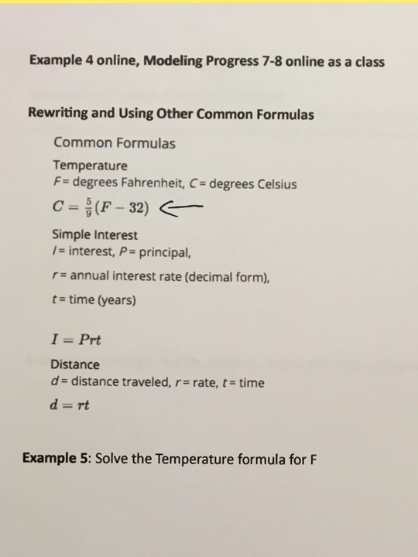This next formula is called simple interest. Does anyone recall what interest is? Not like interesting, but in terms of a bank or an investment. Chris? Okay, you borrow money and then you have to pay interest. Right. And interest is usually a percentage based on how long you have it.